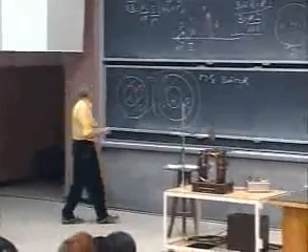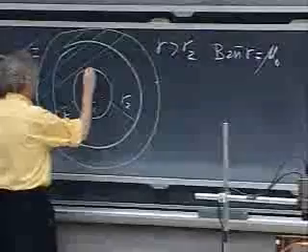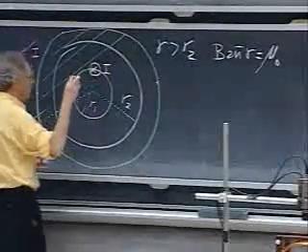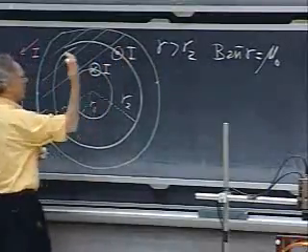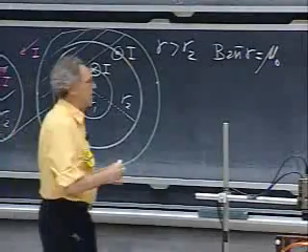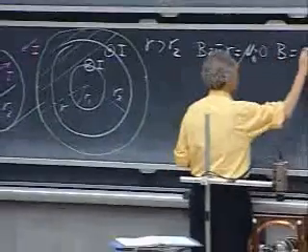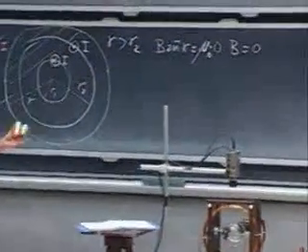And now I have to know what is the current going through that surface. Right here, on this surface, the current is going into the blackboard. And right here, the current is coming out of the blackboard. The two magnitudes are the same, so the net current is 0. And so the magnetic field outside the second cylinder is 0.